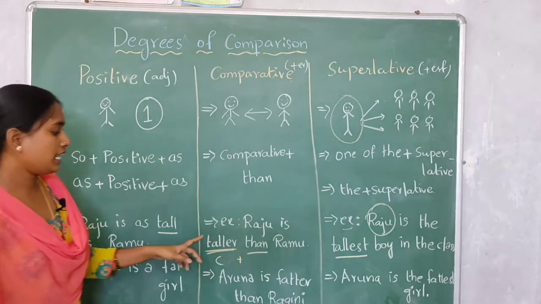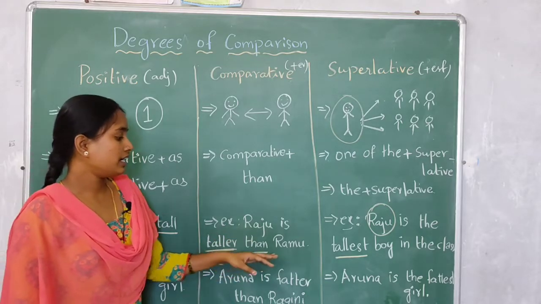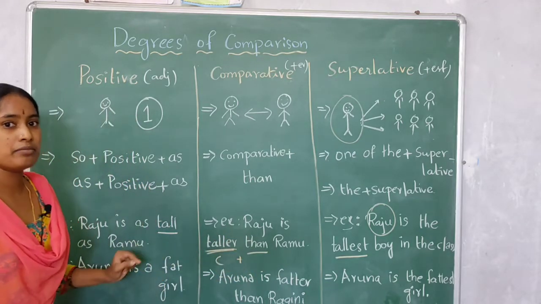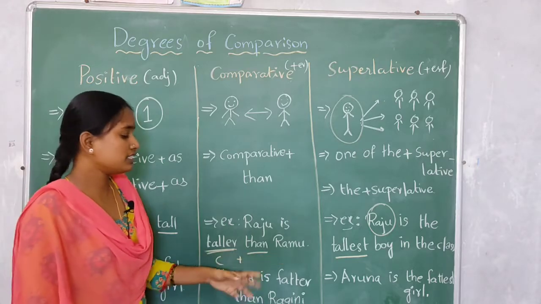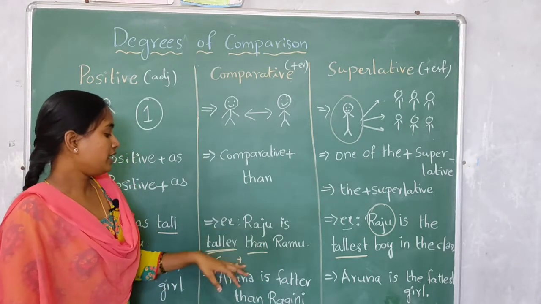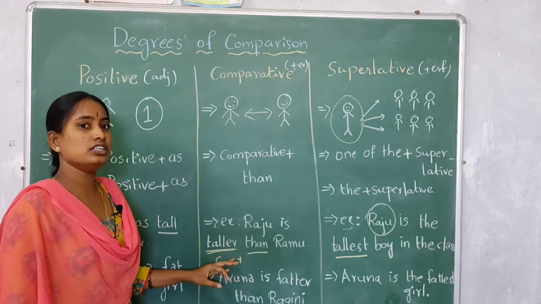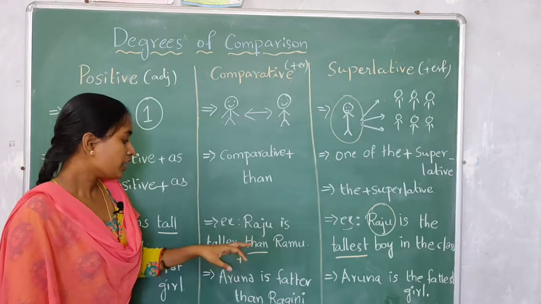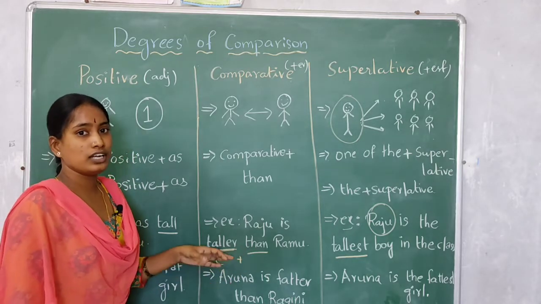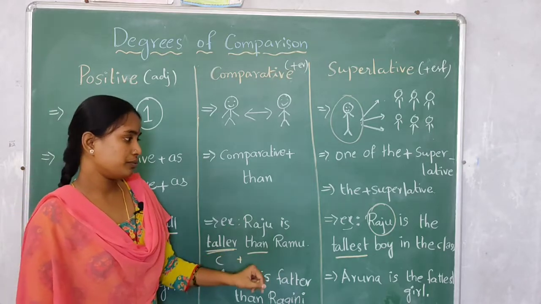Okay, is it clear? Next comparative example is Raju is taller than Ramu. Here I am comparing, which means Ramu is shorter than Raju. So when we are comparing, definitely we should use than after comparative degree. If we add er to the adjective, we will get comparative degree. Raju is taller than Ramu.